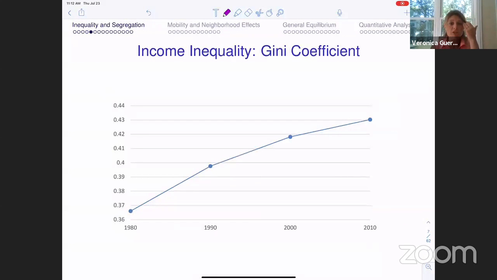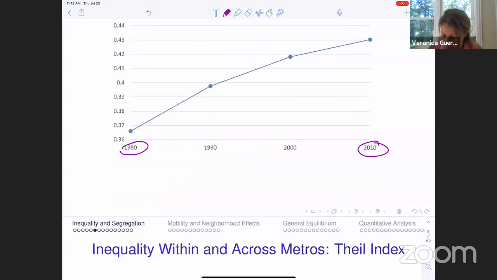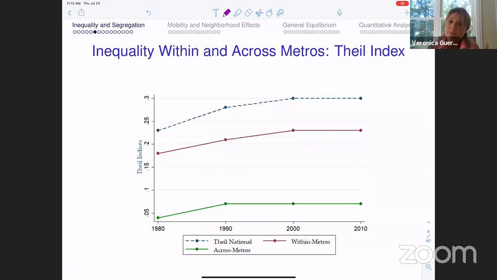But let me start with the Gini coefficient. This is the Gini coefficient calculated as the aggregate of the Gini coefficient at the MSA level, weighted by population. Going from 1980 to 2010, you can see that there has been a steady increase in income inequality. Interestingly, for the other common measure of inequality, the tail index, the blue one is the national level of inequality.